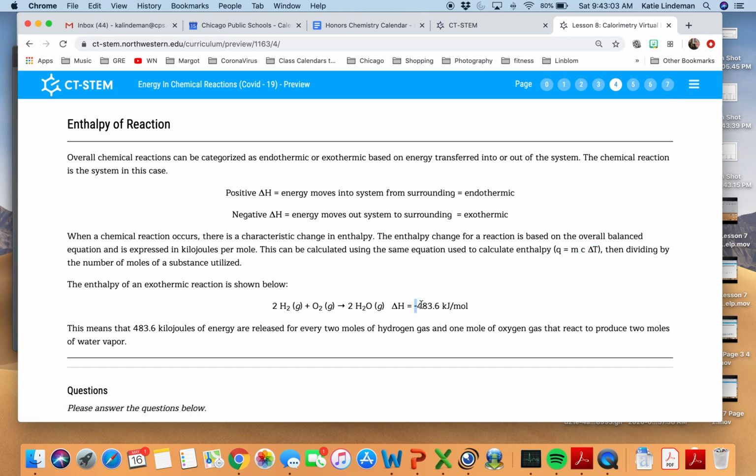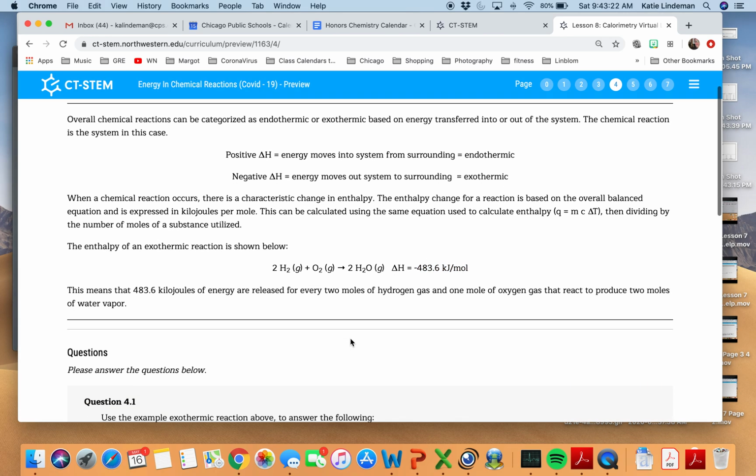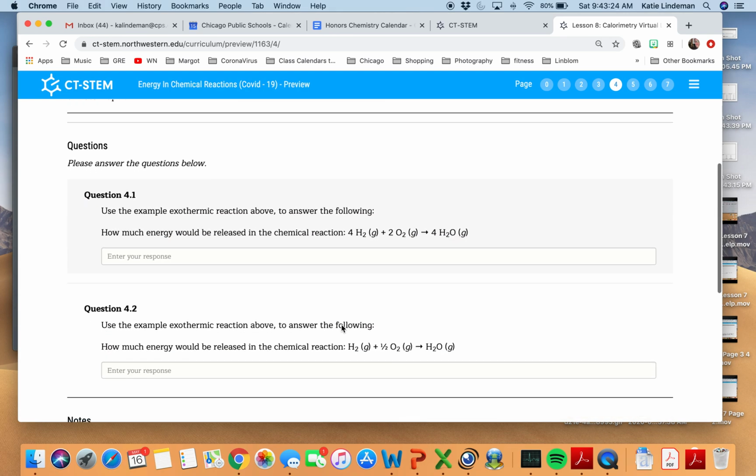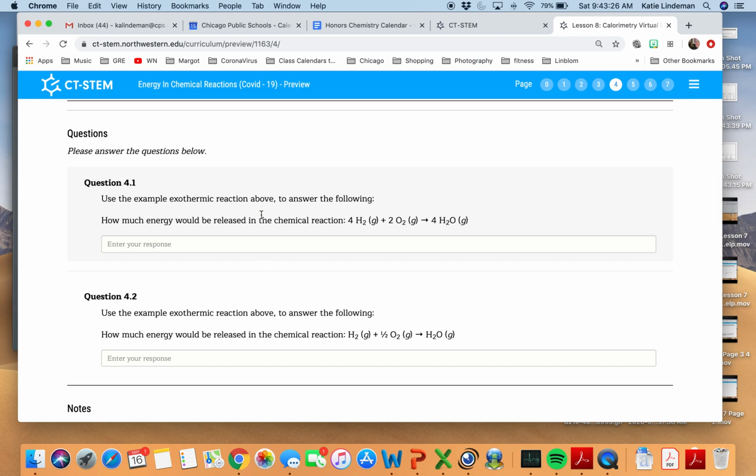Negative delta H means that energy is moving out of the system into the surroundings, so we have exothermic. If this had been a positive number, that would mean that the system is gaining energy, so that would be endothermic. And again, you have 2 questions to answer down here.